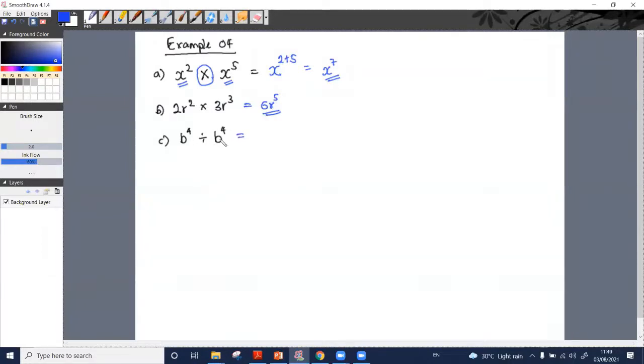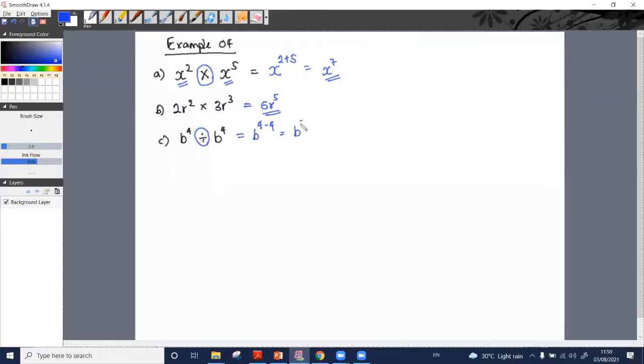The base is b, and there is this division. In the previous one the base was the same with multiplication, but in this one the base is the same and here we have division. So what can we do? We should be able to deduct these power values. 4 minus 4, what are we left with?